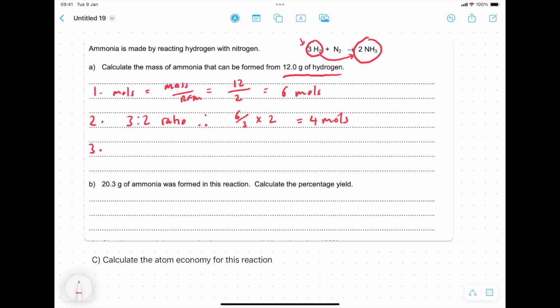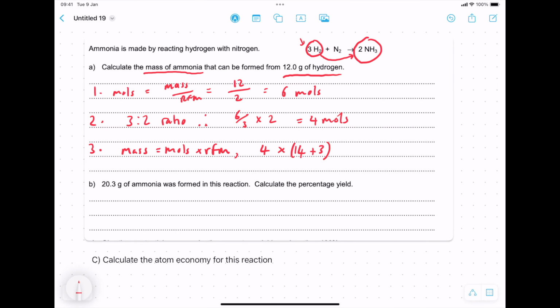And finally, step 3 says, now that you have the moles, work out what is asked for in the question. The question asks for the mass of ammonia. So we do mass equals moles times RFM. The moles is 4. The RFM of ammonia is 14 for nitrogen plus 3 times hydrogen, which is 3.